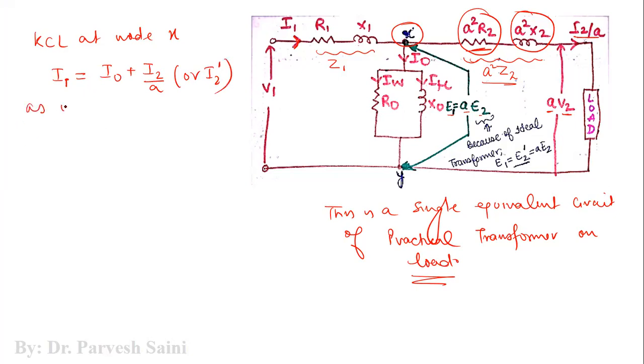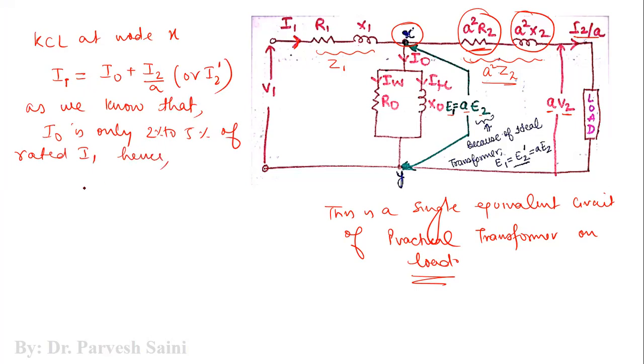Now as we know that I naught is only 2 to 5% of rated I1. Hence, I naught is very, very less than I2 dash. So, I1 is almost equal to I2 dash.